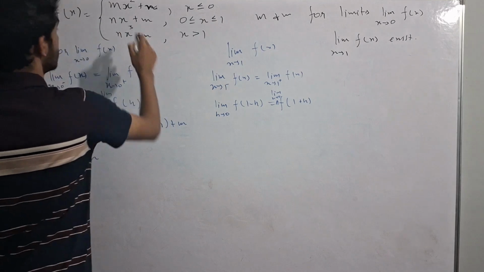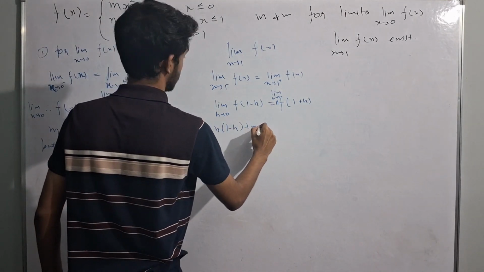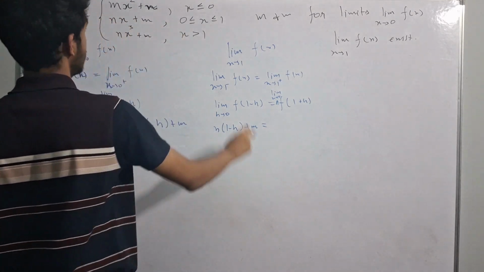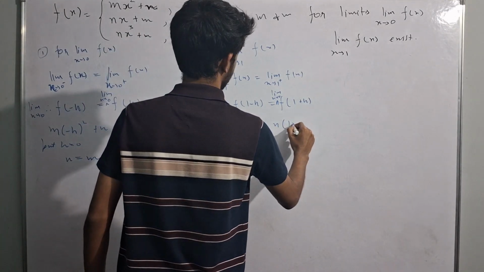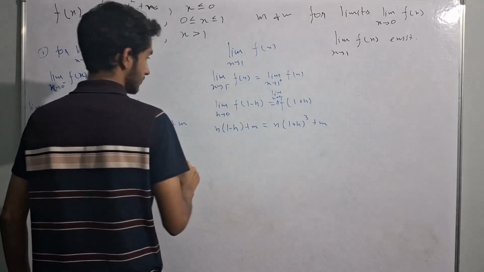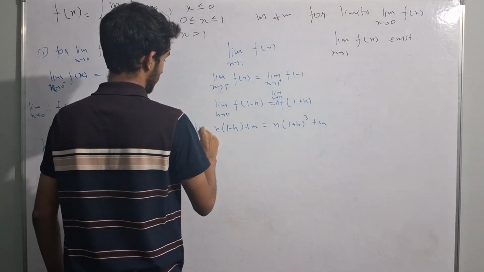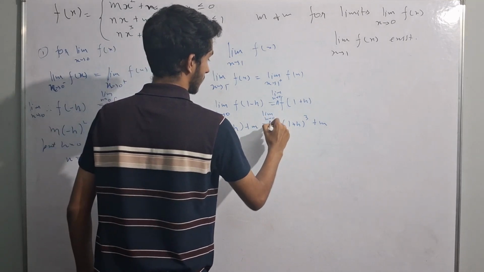So for less than 1, n into 1 minus h plus m is equal to, for greater than 1, 1 plus h cube plus m. Again, limit h tends to 0, limit h tends to 0.